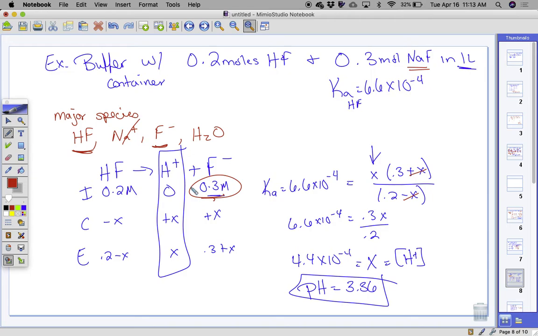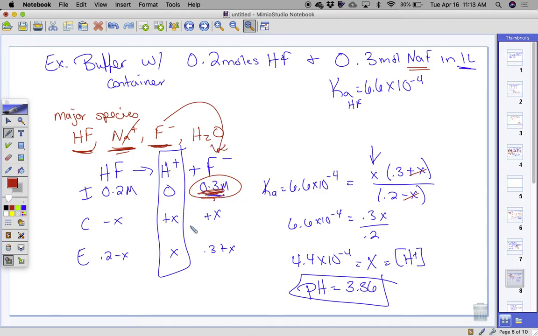Is the hardest part about this figuring out if you have a buffer or not? No. The hardest part I haven't shown you yet. What about the NaF, which is like the random thing that was not part of the equation? It is part of the equation, though, because NaF exists as these two ions. That ion is right there.